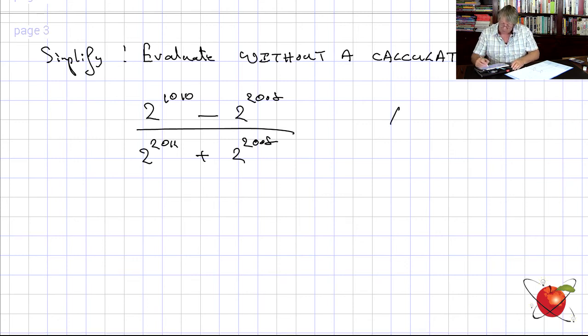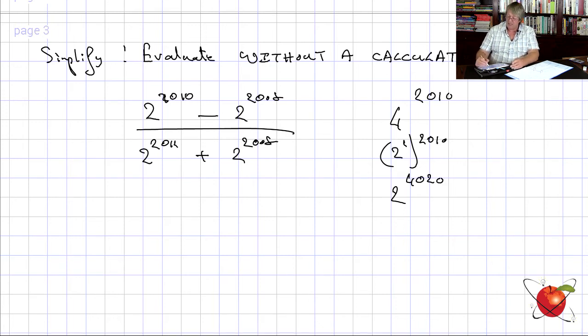So if it was 4 to the 1010, that's a 2 by the way, to the 2010, I would say 2 squared to the 2010, and then that becomes 2 to the 4020. It multiplies out. Recipe, still the same, right? Prime factor, multiply brackets. Split, there's no splits to do on this one, okay?